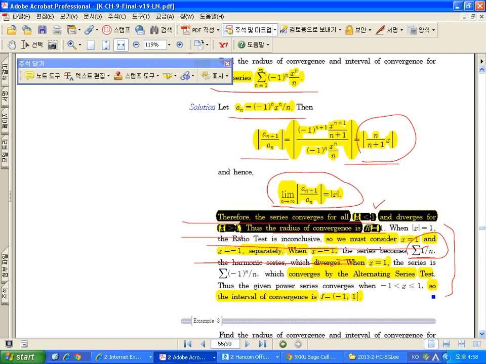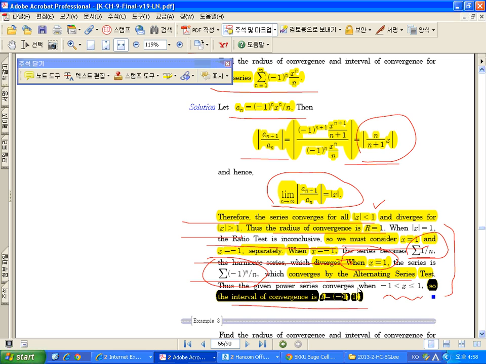Okay. When x is equal to 1, this series converges because of the alternating series test. So the interval of convergence does include x equal to 1, but it does not include x equal to minus 1.